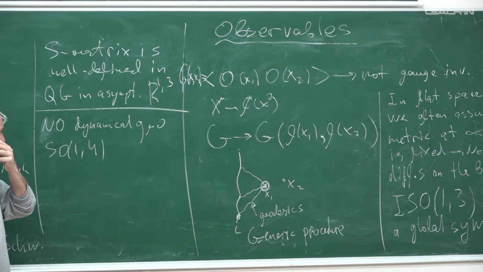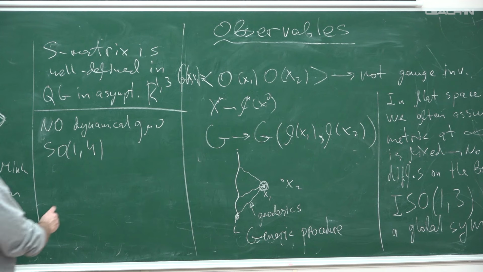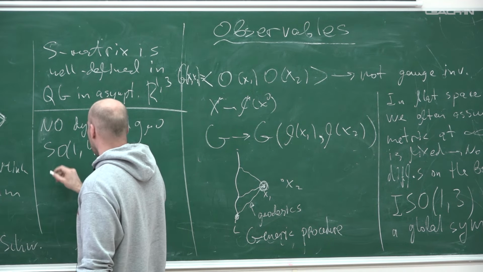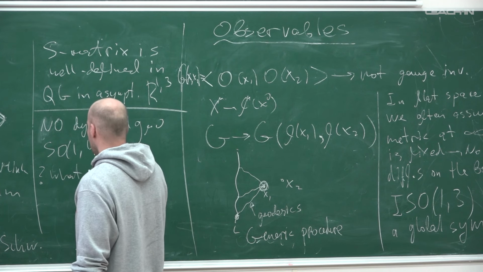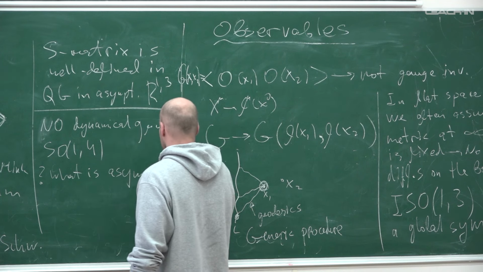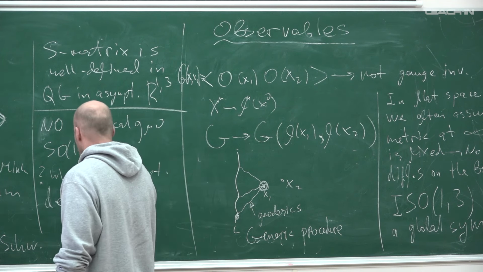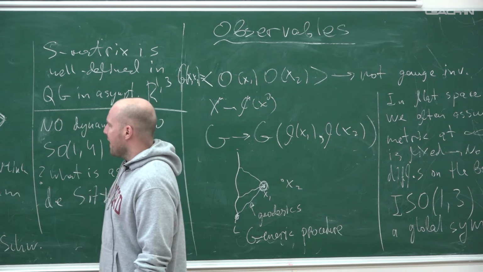Now, when gravity becomes dynamical, it's not very clear how to define the isometry group of asymptotically de Sitter space. So the question here is: what is asymptotically de Sitter? And the point is that we don't know.